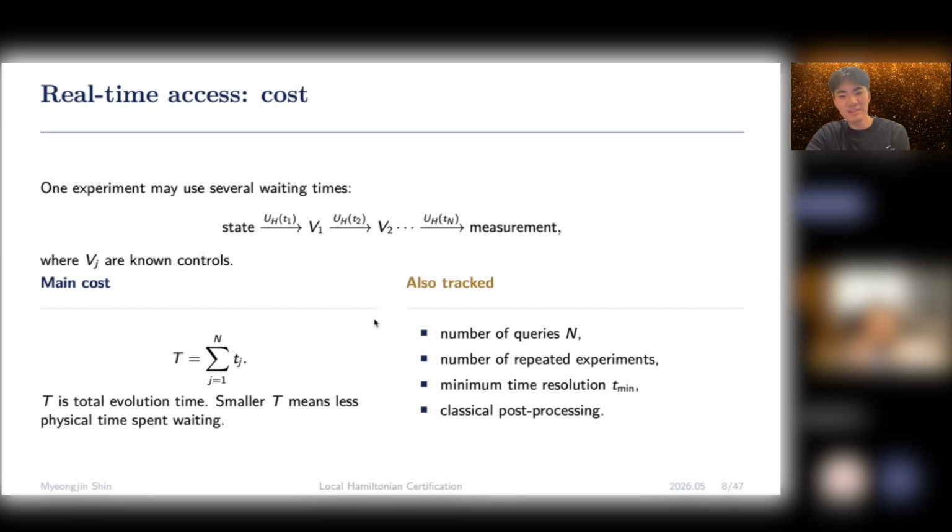And what is required is to keep the number of queries and the classical post-processing time polynomial, not exponential. And I personally think that the number of repeated experiments is not that important, but some works try to reduce that also, so it could be important. But the main thing is the total evolution time, so we are going to focus on that.